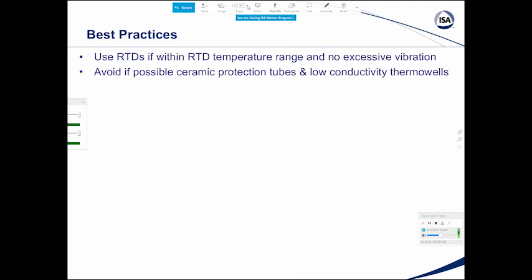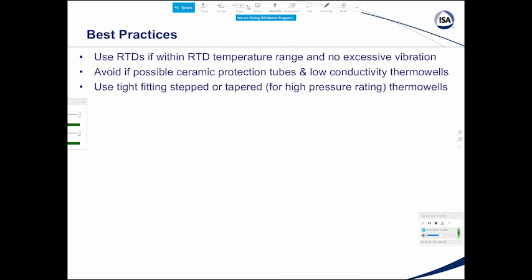Avoid if possible ceramic protection tubes and low thermal conductivity thermal wells. Use tight-fitting, stepped, or tapered thermal wells. Tapered have a higher pressure rating.